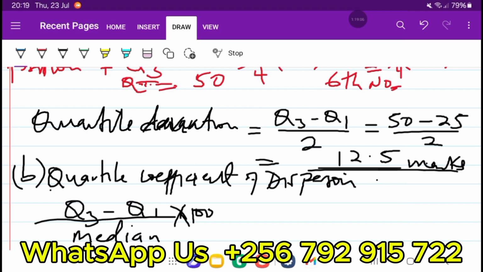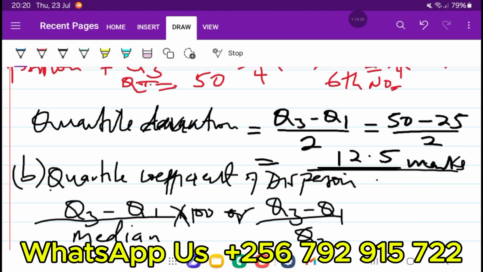In other words, you can say it is Q3 minus Q1 over Q2, because Q2 is the median. So the Q3 was 50 minus 25 over, this is times 100.